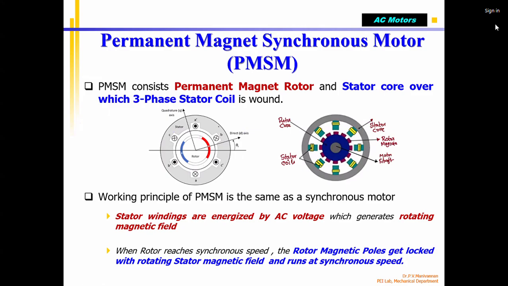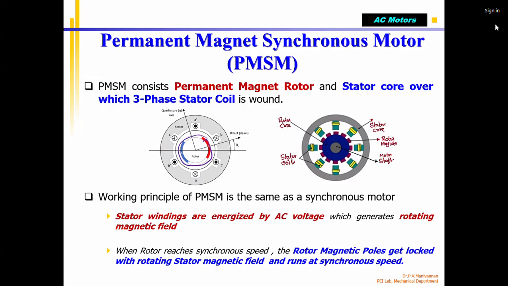But in the case of a permanent magnet, the rotor is a permanent magnet. Otherwise, both are the same. The stator is a three-phase winding with coils, same as this one. Because I am using a permanent magnet, one power supply is not needed.